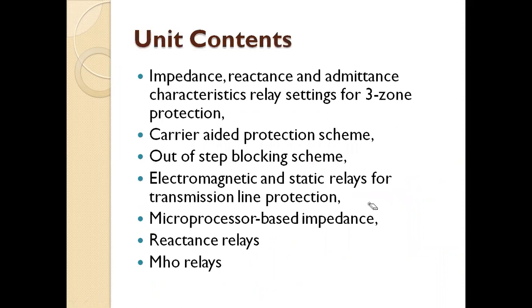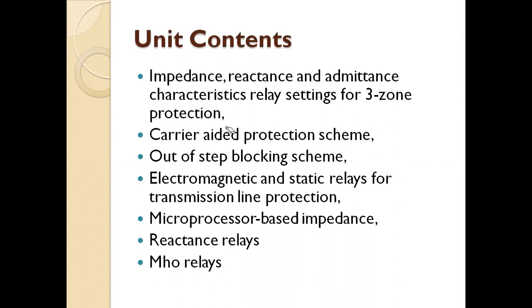So here in this third chapter, the unit contents are the impedance, reactance, and admittance characteristics and relay settings for three zone protection. We have seen the zones of protection.